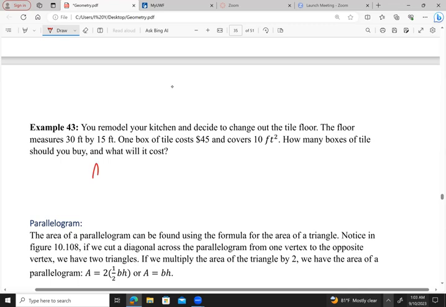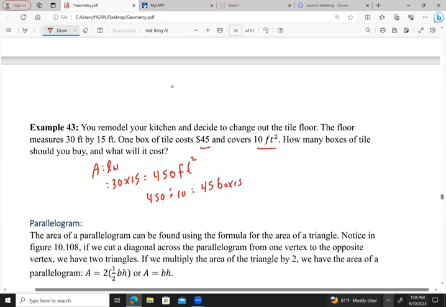So my area is my length times my width, which is 30 times 15, which is 450 square feet. Each box covers 10 square feet, so 450 divided by 10 means 45 boxes.